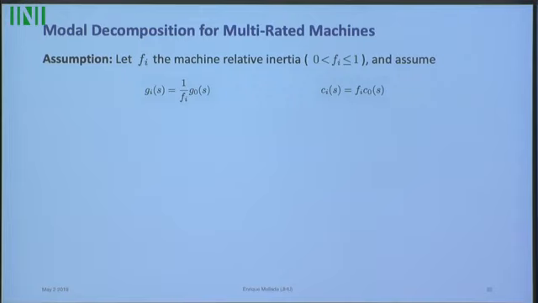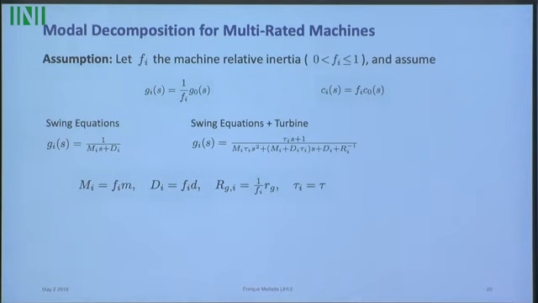smaller than 1. And then I'm going to assume that my controllers also satisfy a certain proportionality assumption in the transfer function. So for the models that I mentioned before of the swing equations and the swing equation with turbines, this is a uniform damping ratio type of assumption, together with an additional uniform turbines.